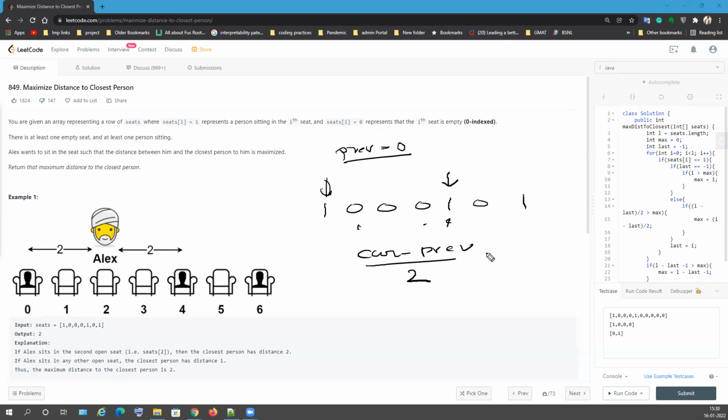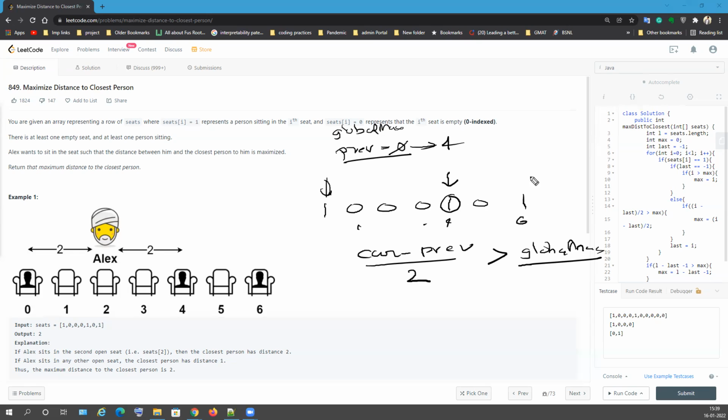If this value is greater than your global max, which is your answer, the maximum possible distance, then you update your global max. After this, you keep your pointer moving and store the current one in previous. So previous will be updated to 4.